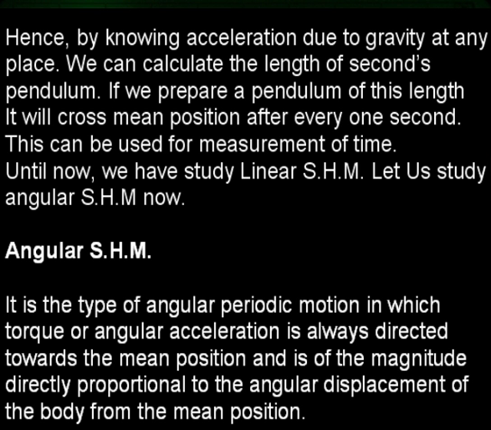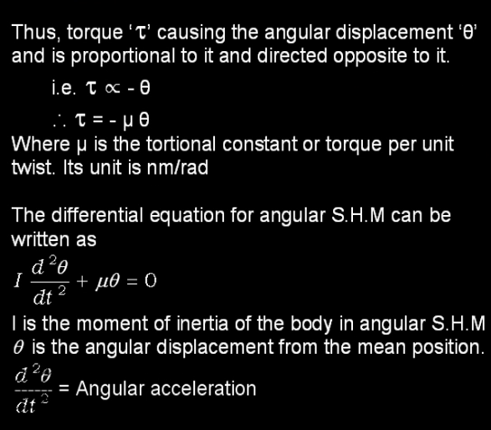Up till now, we have studied linear SHM. Let us study angular SHM now. Angular SHM is a type of angular periodic motion in which torque or angular acceleration is always directed towards the mean position and is of the magnitude directly proportional to the angular displacement of the body from the mean position.